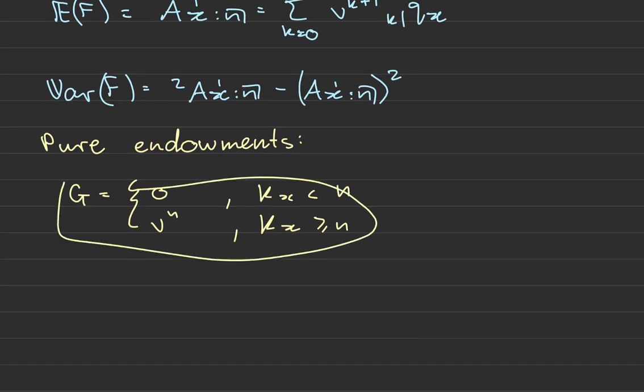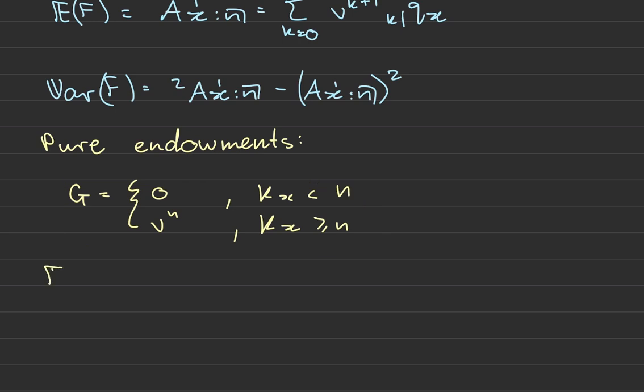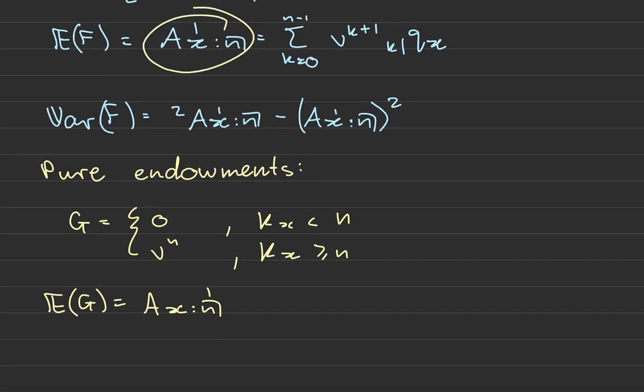So I've explained this. Now let's take the expectation and see what we get here. The expectation of this random variable g is going to be equal to, in actuarial notation, A x n with the line on top of the n this time. The difference here between a term assurance contract and a pure endowment contract: they both are assurances and hence get capital A's.